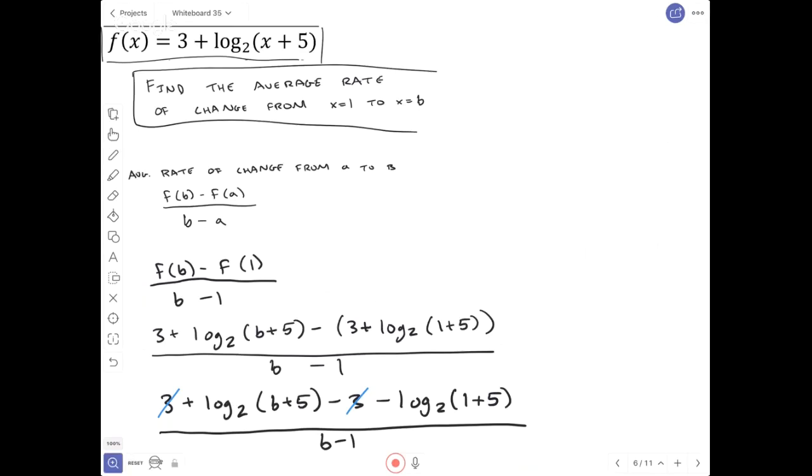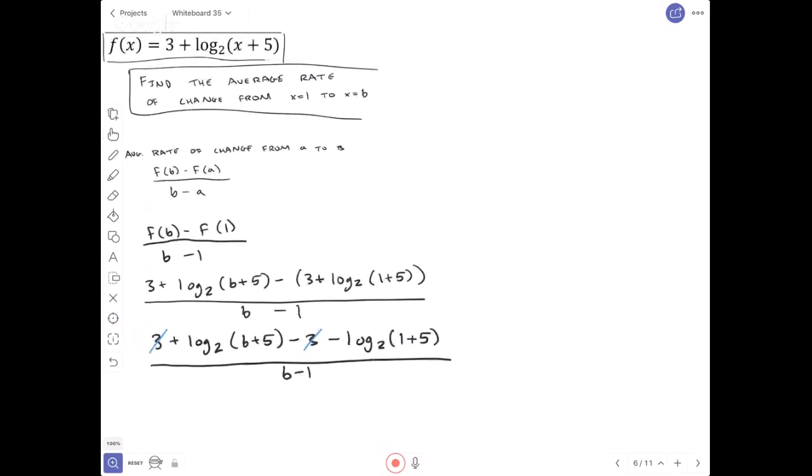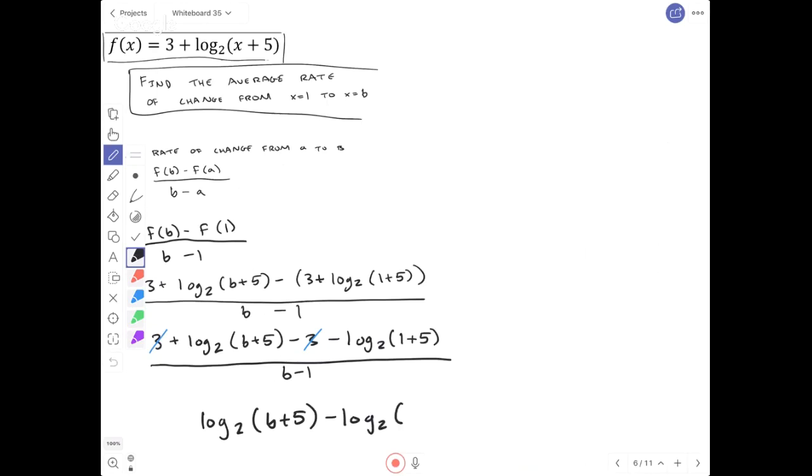And I don't happen to know log base 2 of 6, but it's got to be like 2.2 or something. Oh well, we'll just keep it. It's going to be log base 2 of b plus 5 minus log base 2 of 6 all over b minus 1.